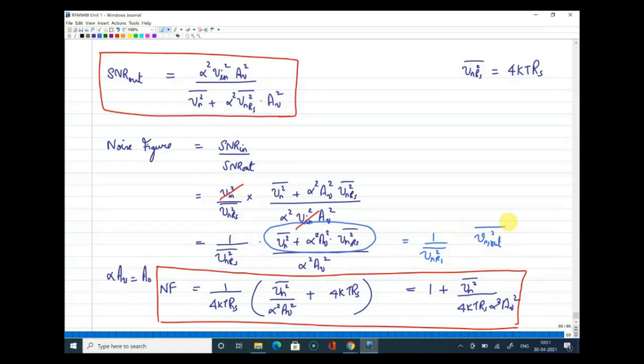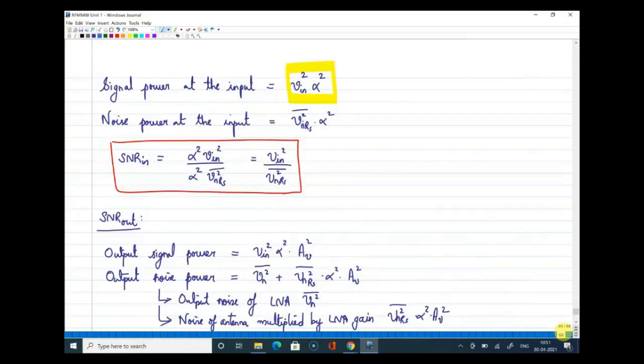Because Vn square plus alpha square Av square into Vn Rs square is the noise available at the output from the input plus the output noise of the LNA. So altogether I can express it as Vn out square bar divided by alpha square Av square. This is another way to express it.